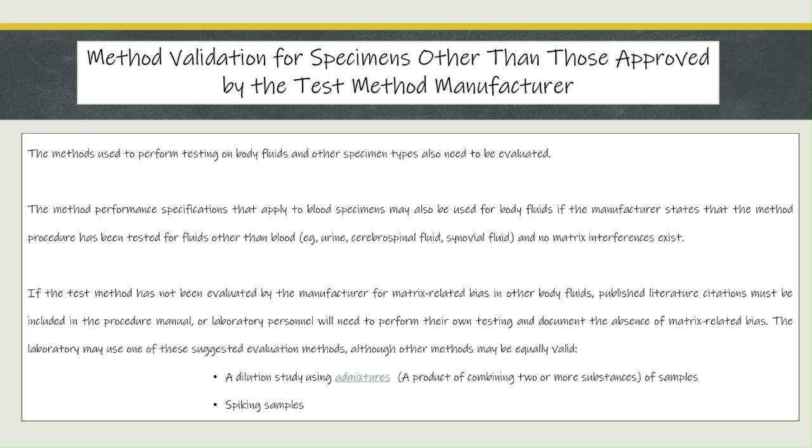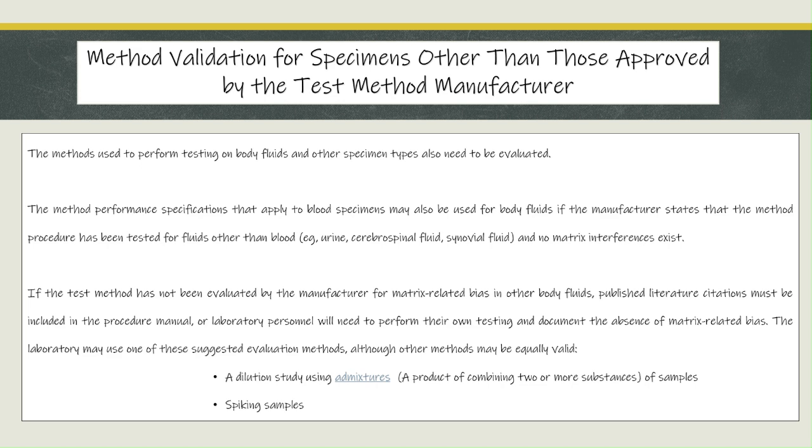If the test method has not been evaluated by the manufacturer for matrix-related bias in other body fluids, published literature citations must be included in the procedure manual, or laboratory personnel will need to perform their own testing and document the absence of matrix-related bias.